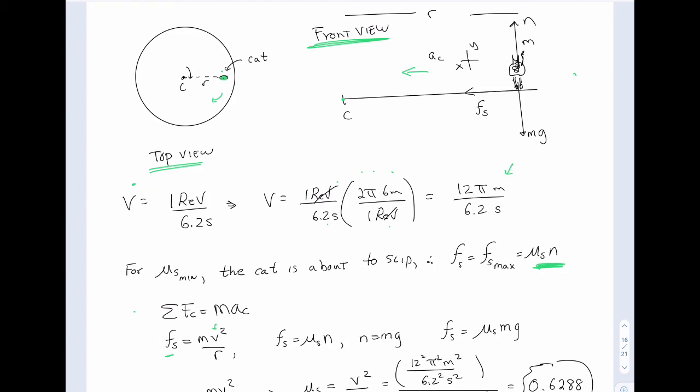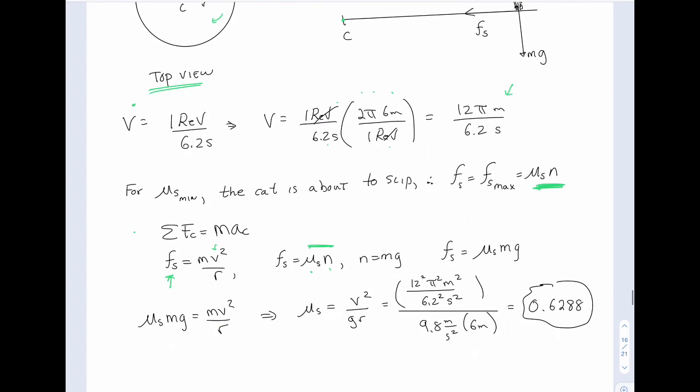But static friction is mu n, and normal force is mg. So right here, I put in mu n, where n is mg. So static friction is mu times the normal force. And then just solve that for mu. And then just be careful because I'm squaring that whole thing, which is v. Okay? And it should be unitless, and sure enough it is if you check the units.